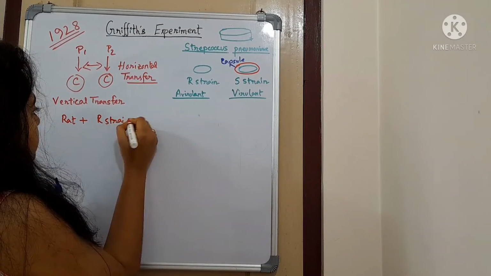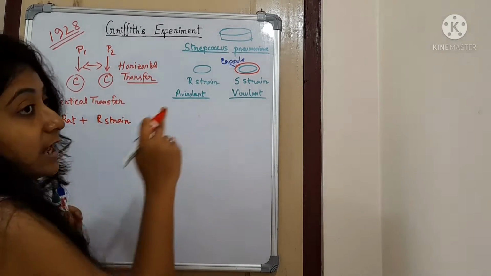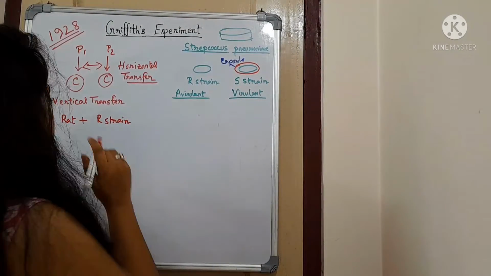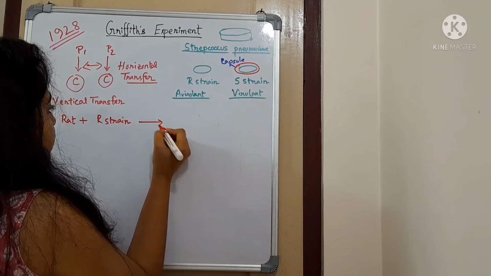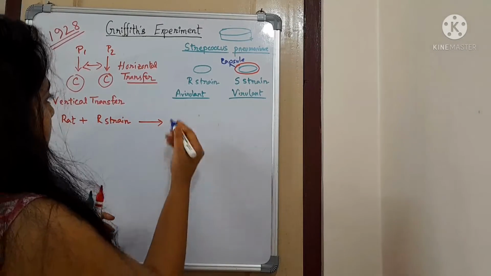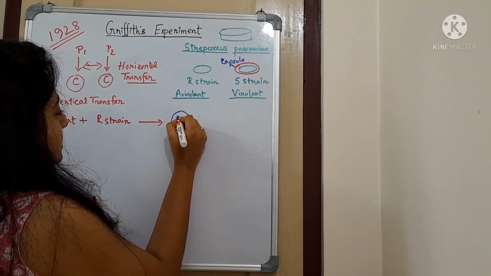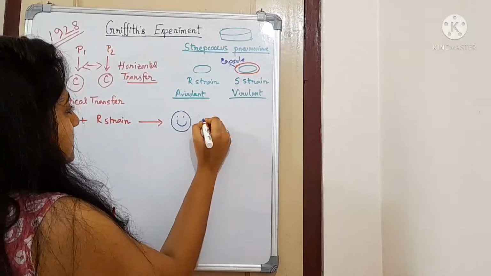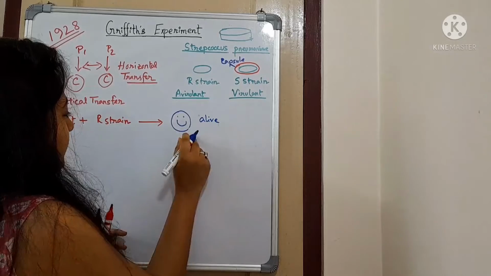R strain means avirulent. Avirulent means it is not at all harmful for the body. So what will it lead to? It will lead to the smiling face. That means the rat was completely alive. Rat was alive. That is why it is very happy.